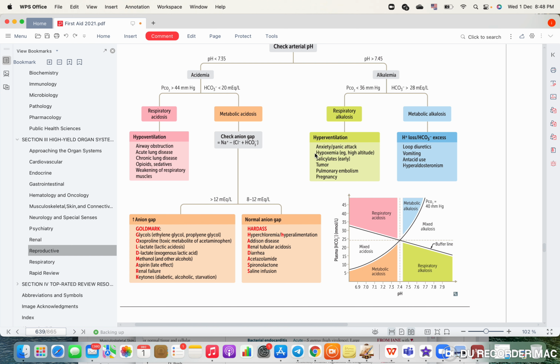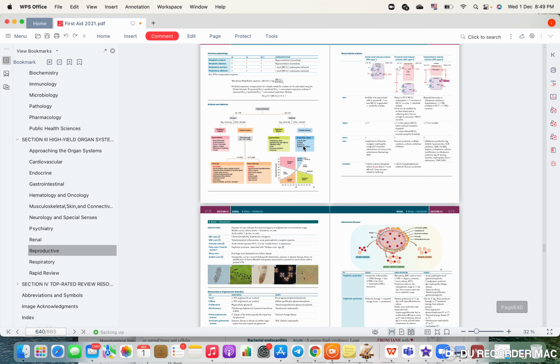Initially, you will have activation of the respiratory center, which will make you hyperventilate, which will give you early respiratory alkalosis. Then the acetylsalicylic acid will start to accumulate so much in your body, which gives you the late effect of aspirin, which is increased anion gap metabolic acidosis. Okay, good. So yeah, that's pretty much it for renal.